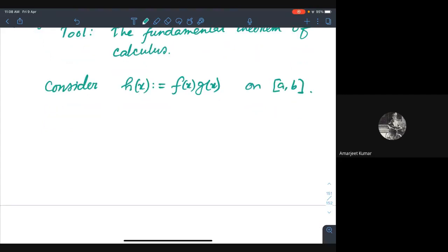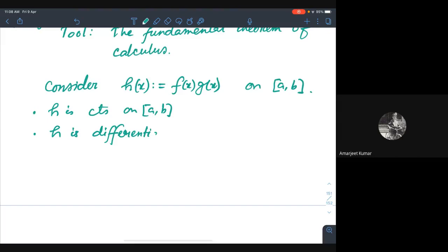Now, what are the properties one has? h is continuous on [a,b], and since the product of differentiable functions is differentiable, h is differentiable on the open interval (a,b).